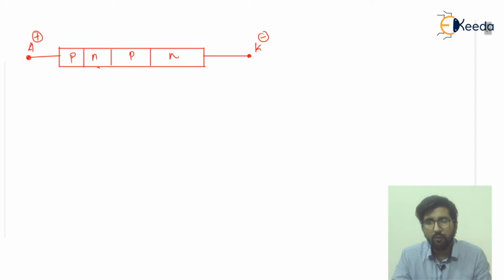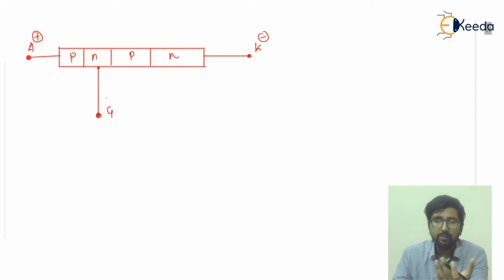And from this N we have a gate terminal. This gate terminal is actually for different purposes, for controlling, for firing, or for gate turn-off schemes.